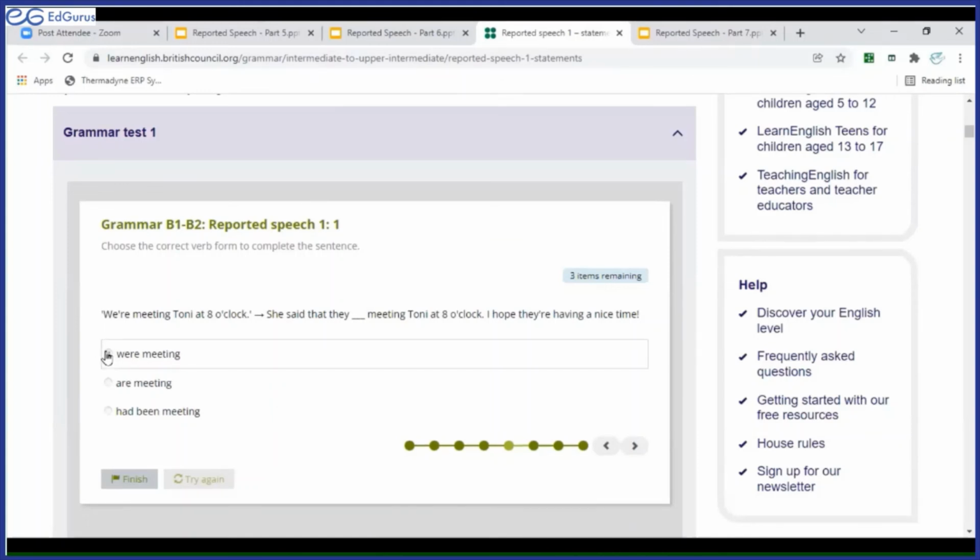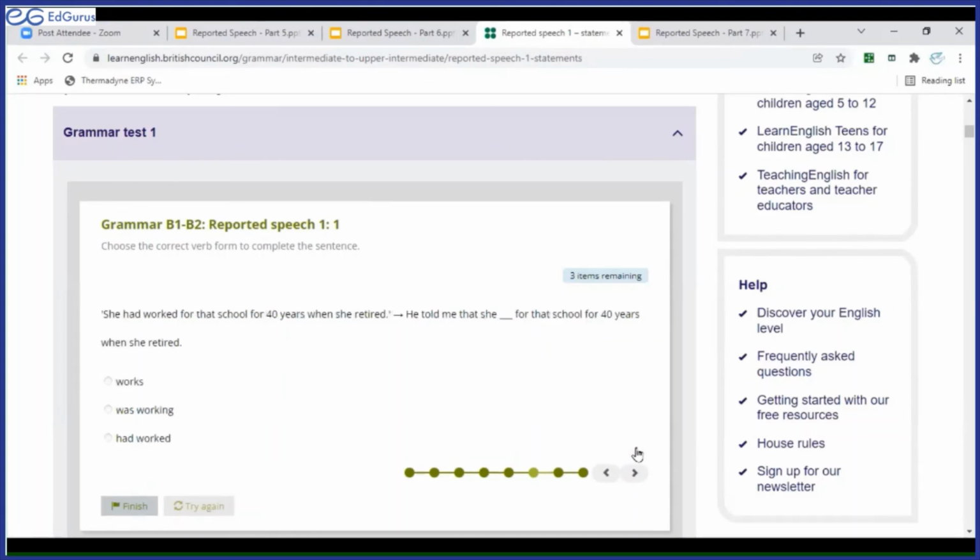Good. Okay. She had worked for that school for 40 years when she retired. He told me that she had worked. She had worked for 40 years when she retired.